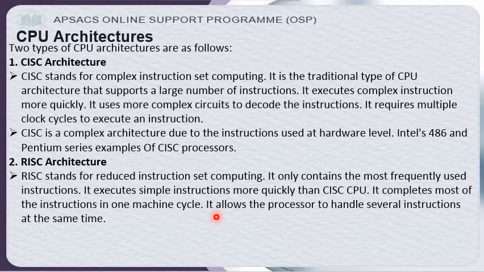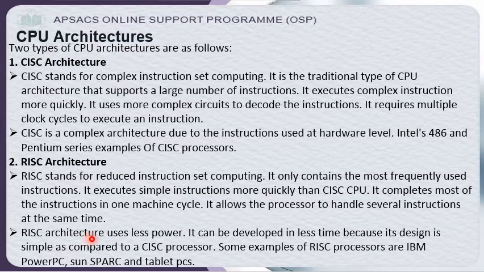It allows the processor to handle several instructions at the same time. So the good thing is that in this RISC architecture, multiple instructions can be executed at the same time, but CISC will execute one instruction at a time. Whenever we have multiple cores inside our processor, they follow the RISC architecture, because those processors execute several instructions at the same time.